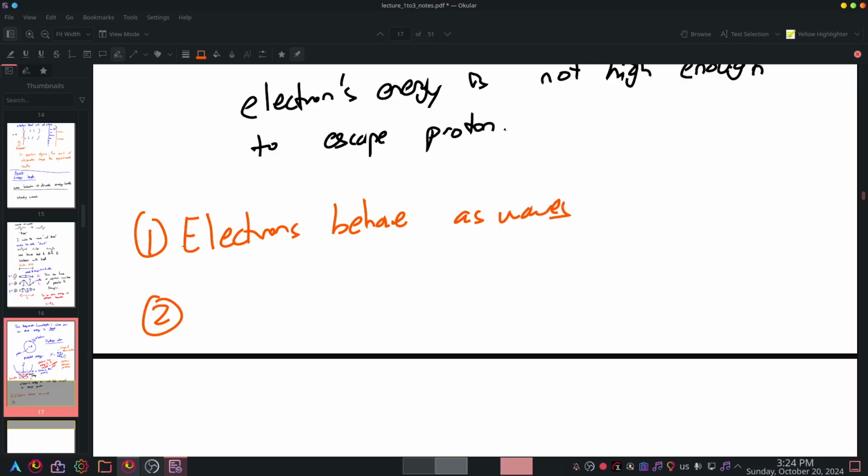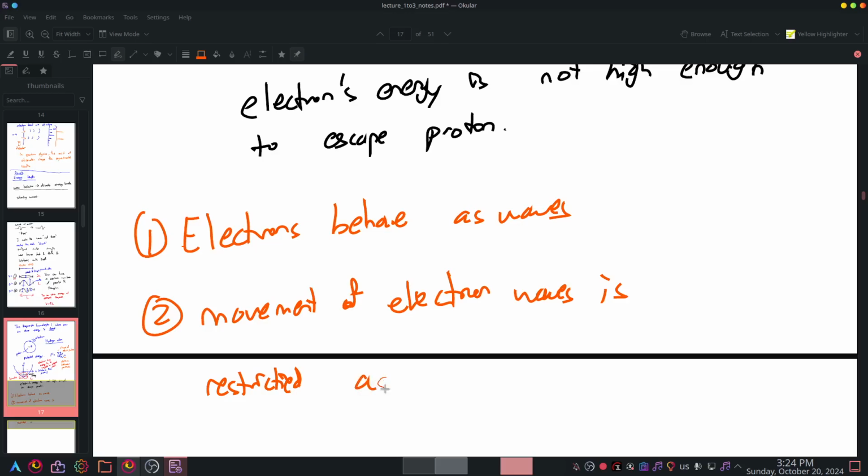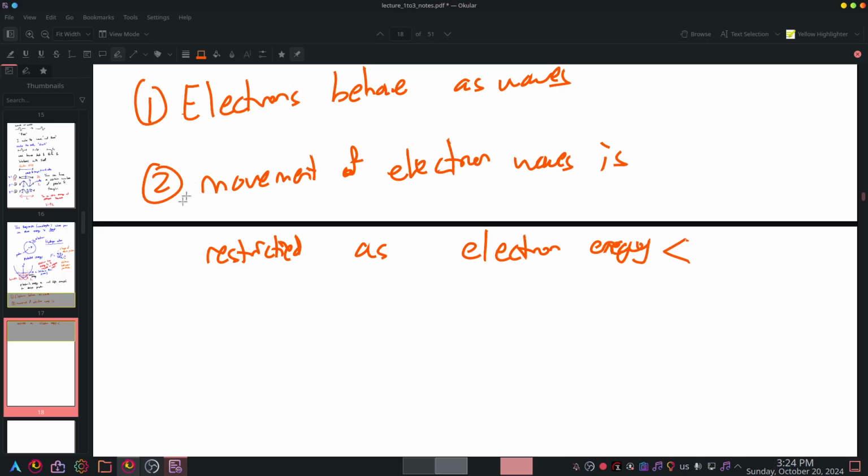Number two, movement of electron waves is restricted as electron energy is less than the potential energy required to escape.